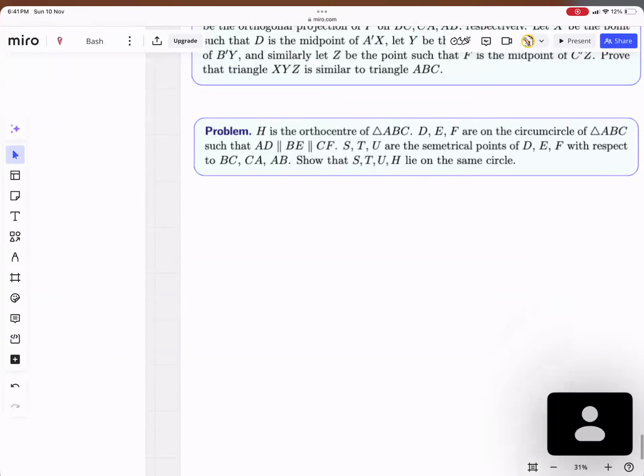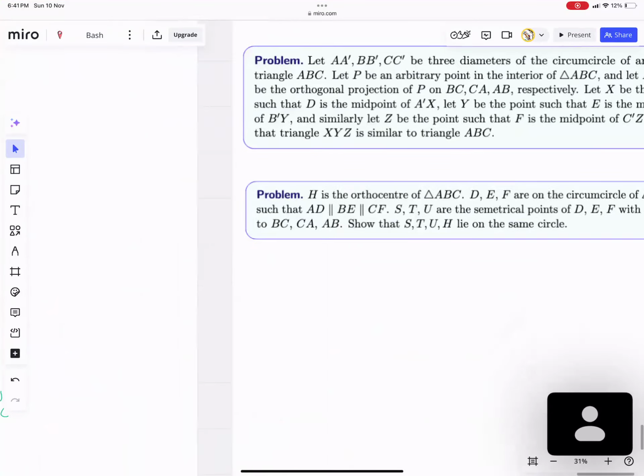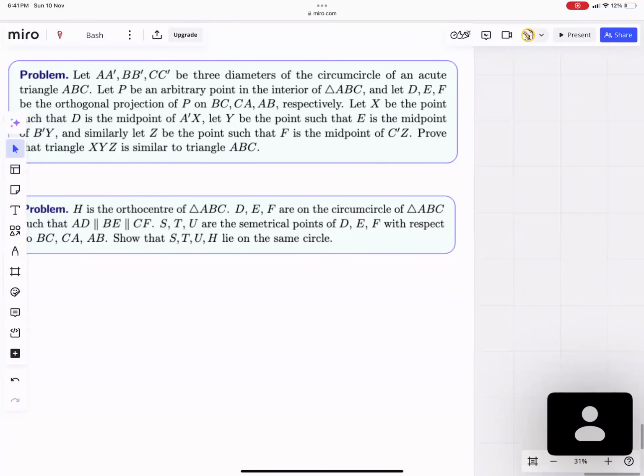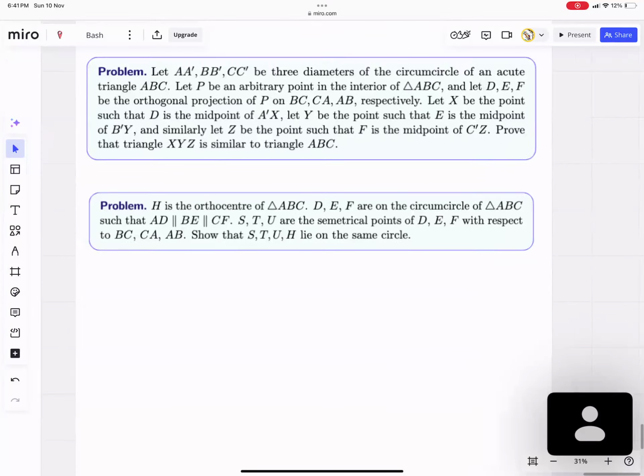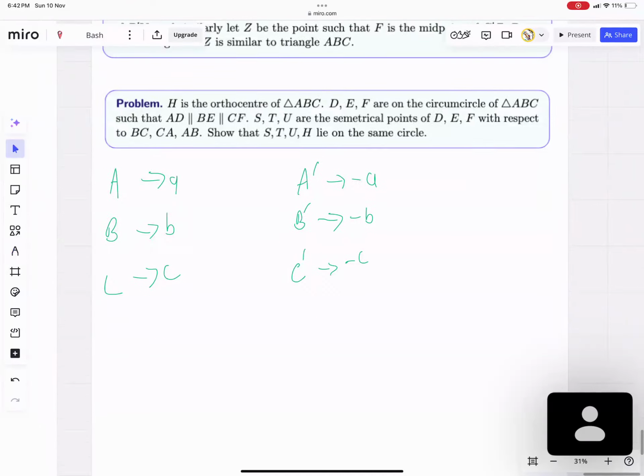Firstly, we want the circumcircle of ABC to be the unit circle because then D, E, F would be neat. So A has coordinates a, B has coordinates b, and C has coordinates c. And now since AA prime is the diameter, we get that A prime has coordinates minus a, B prime has coordinates minus b, and C prime has coordinates minus c.